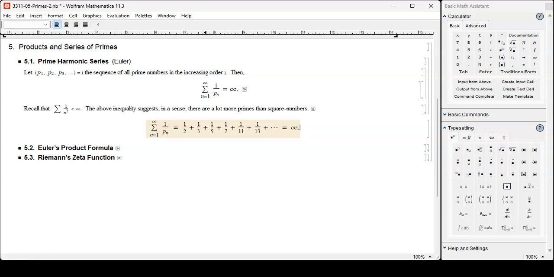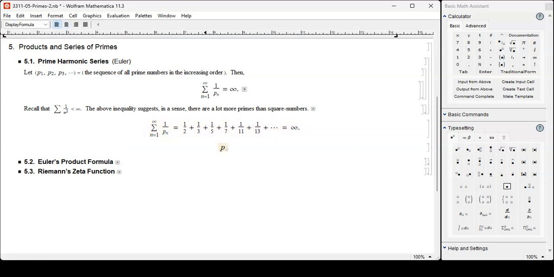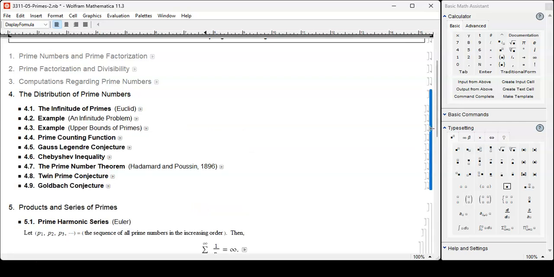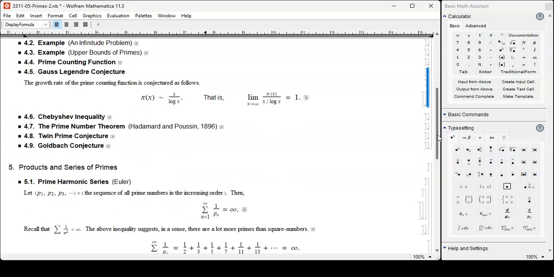By the way, do you recall that the growth order of the nth prime is at the order of n log of n? Do you remember this? It comes from the prime number theorem, from the Gauss-Legendre conjecture.